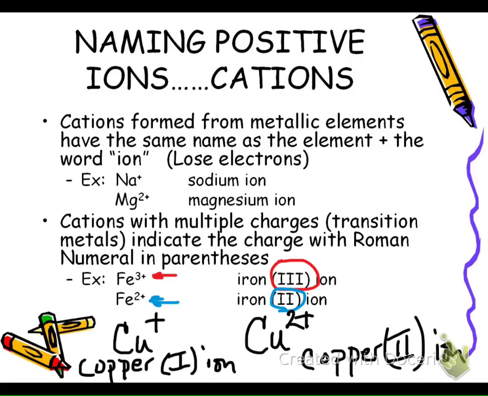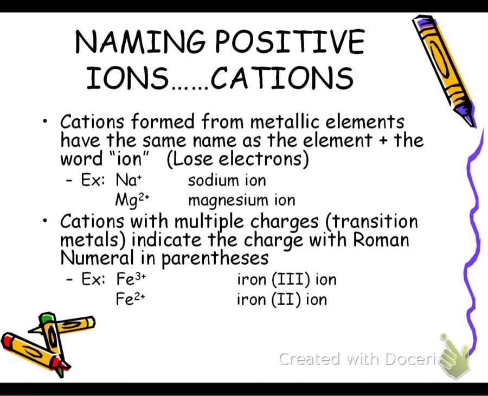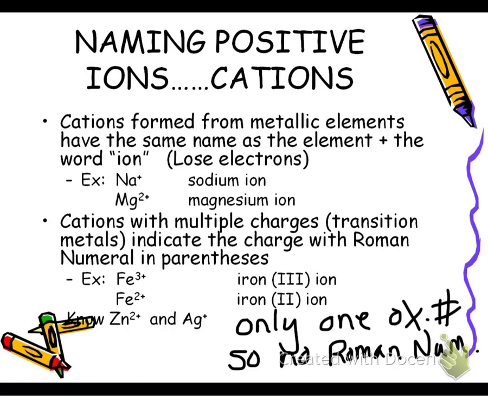There are some elements in the transition region that only form ions of one oxidation number. We will use the original rule that says no Roman numeral needed to name these. The two that you must know and are responsible for remembering are zinc and silver ions.